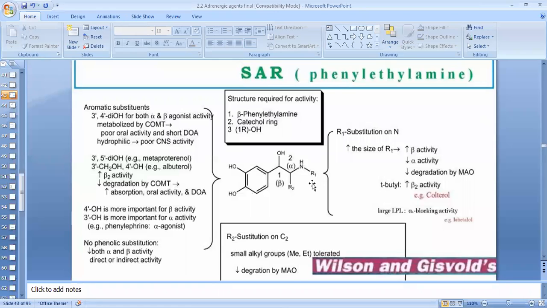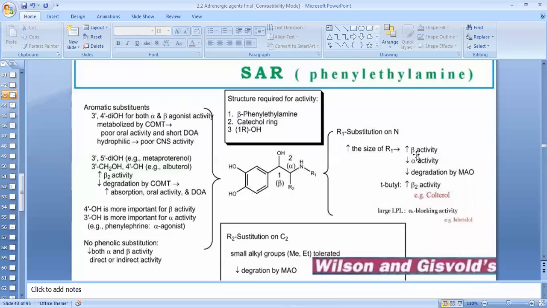But if this R1 is substituted by different moieties, that means if this R group we have substituted with increased size of R1, for example, first we substituted with hydrogen, then with a methyl group, an ethyl group, a propyl group. As we increase the size of the substituent group, the beta activity increases.